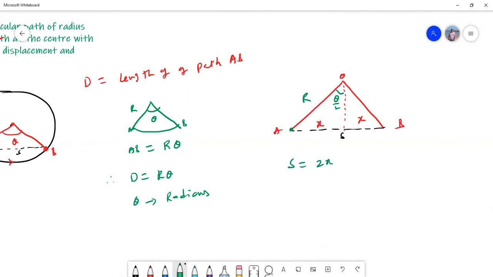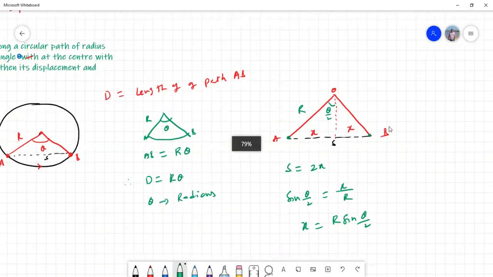The shortest distance between the starting point and the ending point is nothing but displacement. I want to find the x value. If I take sine theta by 2, sine is opposite by hypotenuse, which is x by r. So what is x? R sine theta by 2.